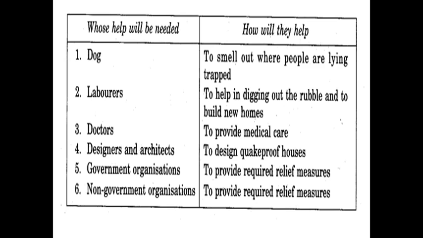For example, doctors and nurses treat the injured people and create awareness to prevent an outbreak of epidemics. Firefighters help to put out the fires, police officers help in maintaining law and order, and they also help to rescue and take the people to relief camps.